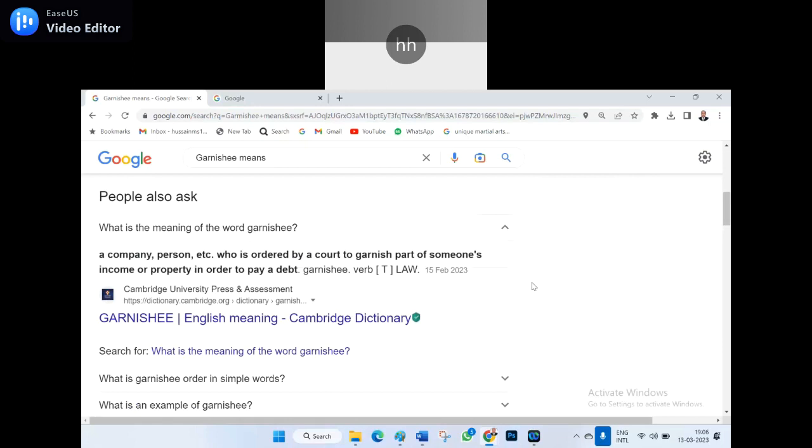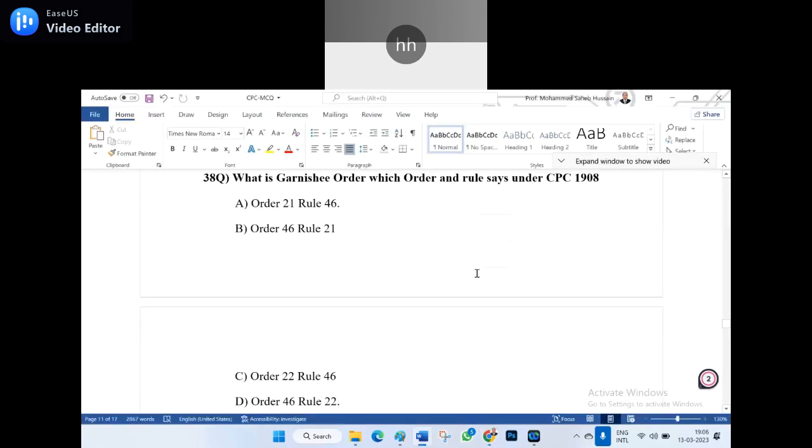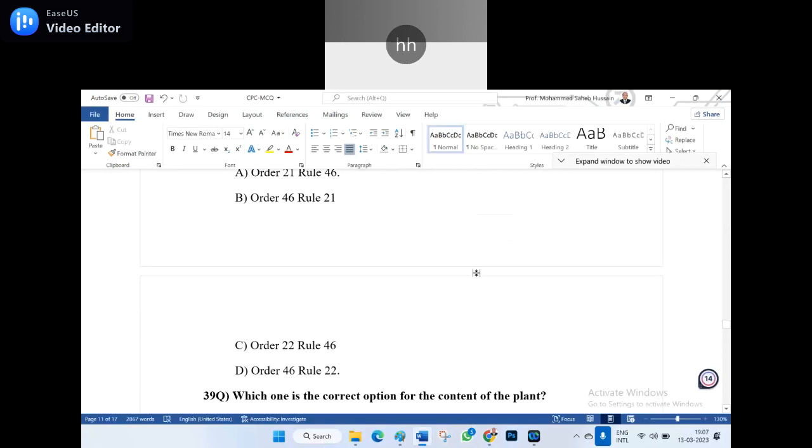So they give the company or the person, a third person, a notice to pay by the court. It means like a surety, part of someone's income or property in order to pay the debts. He should pay the debts. Who? Third party. And that's why we can say it's a garnishee, who takes the responsibility to pay. Like a surety, in other words. Am I right? Yes, sir. See, if the original debtor does not pay, the court will order the surety to pay, or his income will be attached.